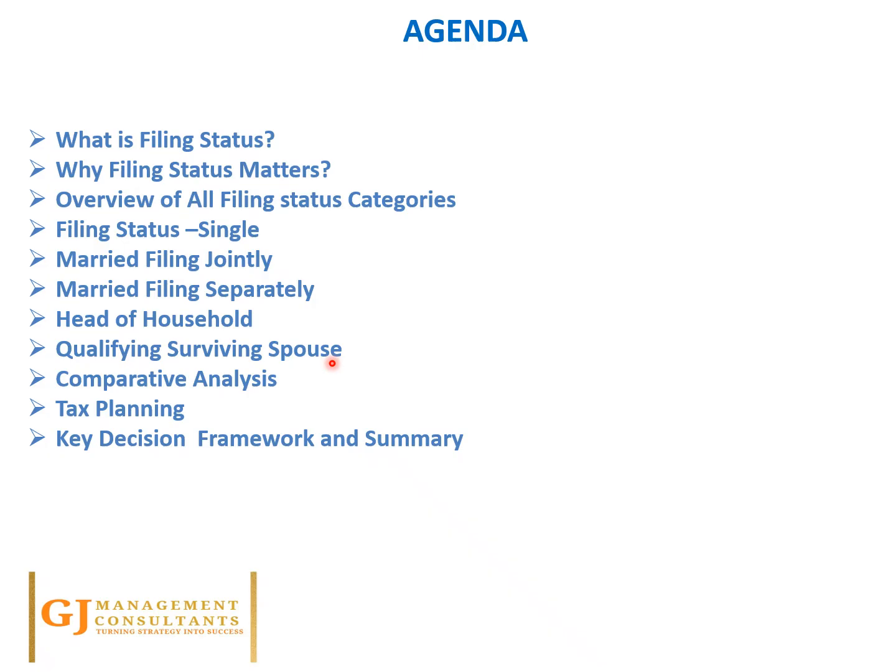Then we'll do a comparative analysis of all the five statuses, and we'll also look at tax planning basis the concept of filing status, and then a quick wrap up slide and how we can apply a logical step by step framework to determine the filing status. So we'll move to the first slide and understand what the filing status is.